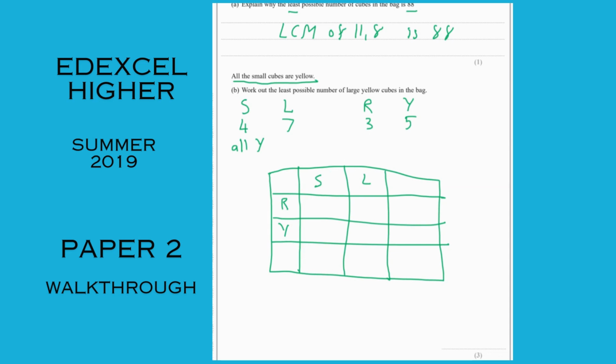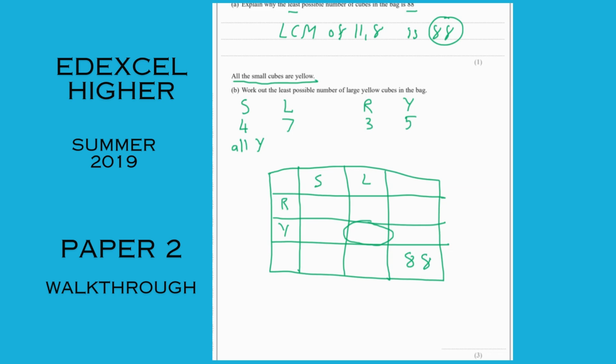Now here's how you go about filling in. It wants the least possible number of large yellow cubes. So what number goes in there is really what it's all about. First of all, lowest means we're actually using the answer to part A. There's 88.